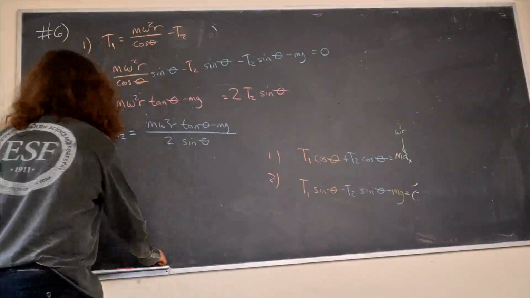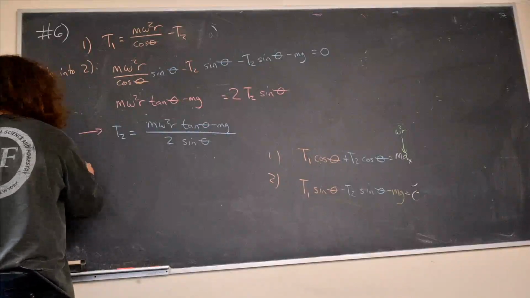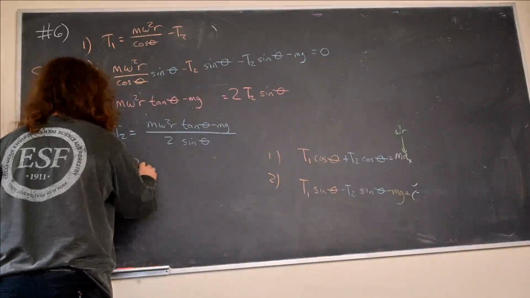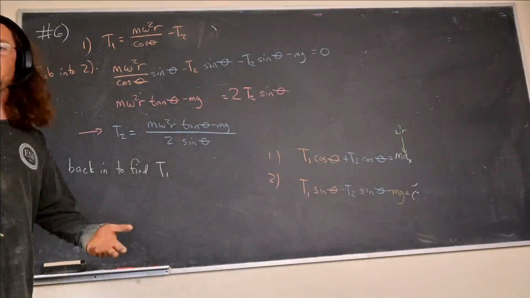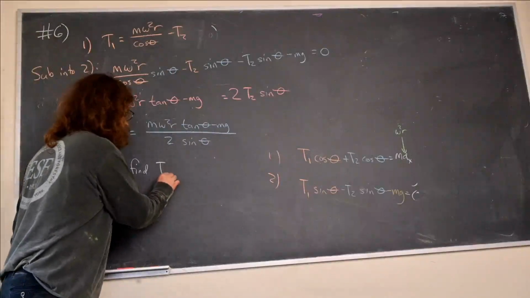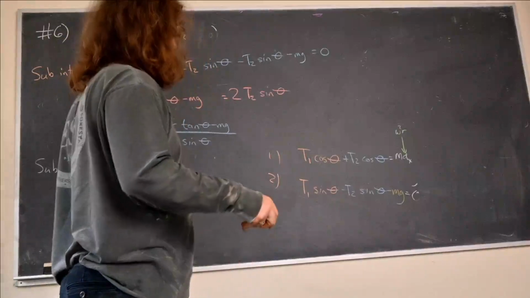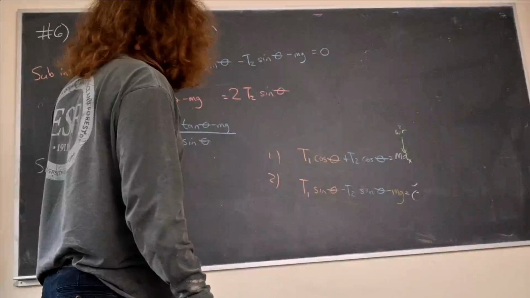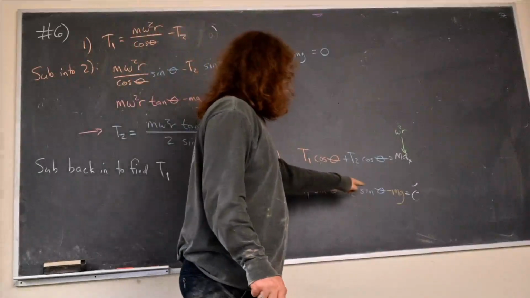So this is an example of double substitution where you're interested in both variables. So here we have found T2, but we also want T1. So I'm going to substitute into here.